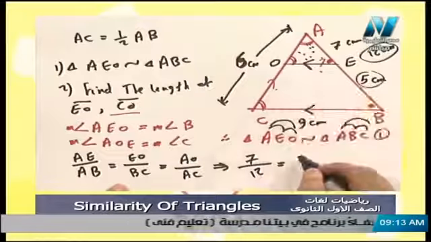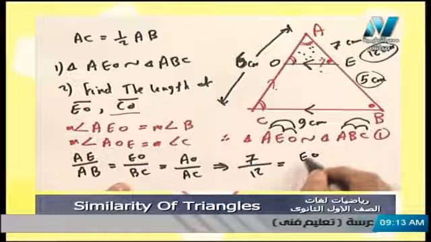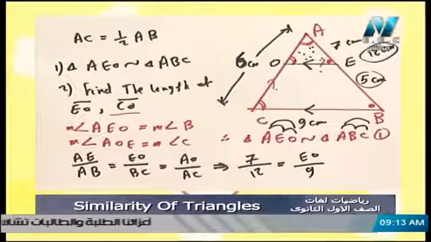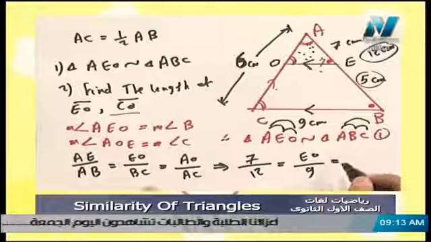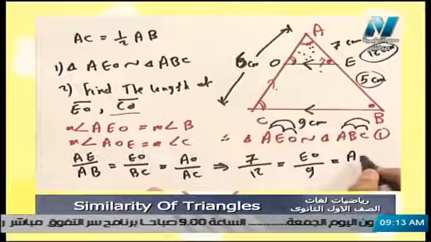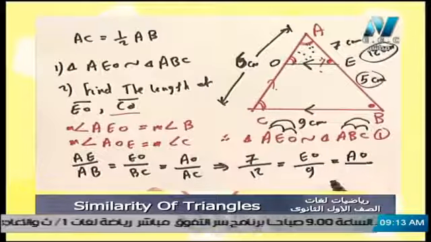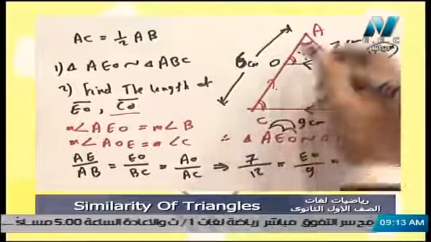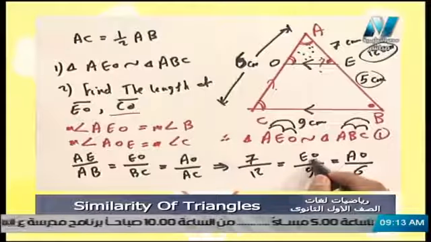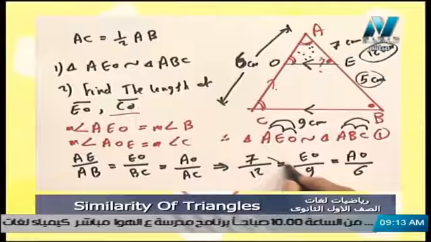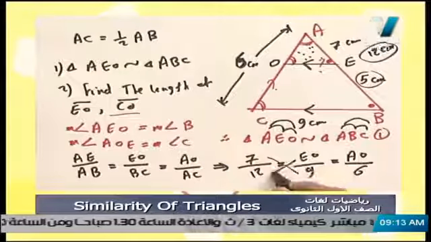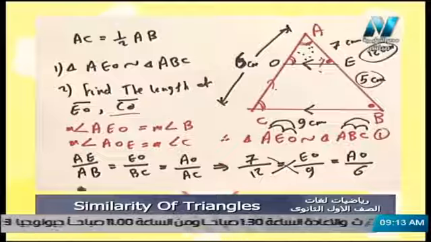EO here, we don't know it, over BC, which is 9, equals AO. AO here, we don't know its length, over AC, the total AC is 6. So to find EO here, we multiply 7 by 9 over 12, cross multiplication.